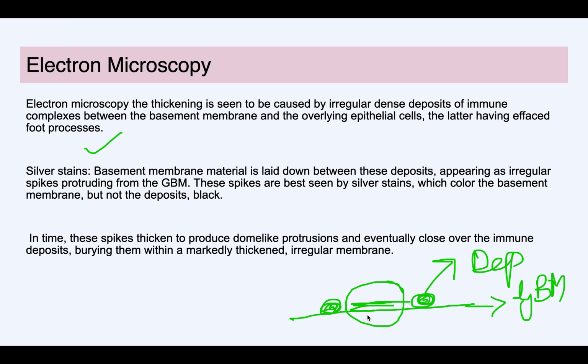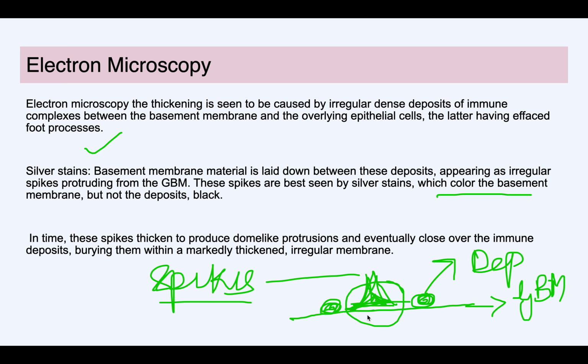This basement membrane material which is laid appears as spikes, and these spikes can be stained with the help of silver stain. So when we are doing a silver stain in this case, this is staining the basement membrane material but not the deposits. These spikes are the basement membrane material, and not the deposits.